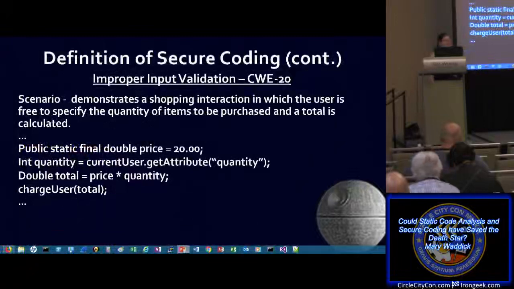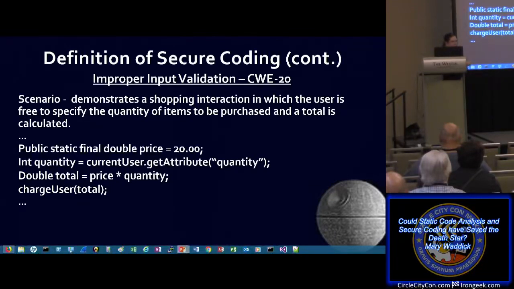Improper input validation. Oh, this is a fun one. This one, you pass in a price and a quantity. Multiply the price times the quantity, you get a total. But say you send in a price that's negative.